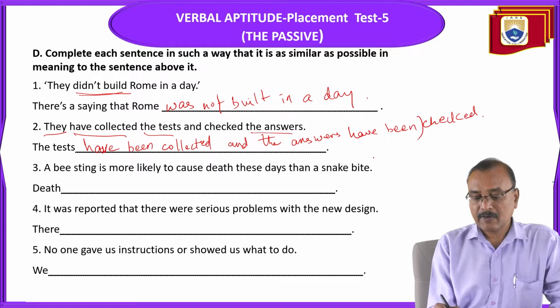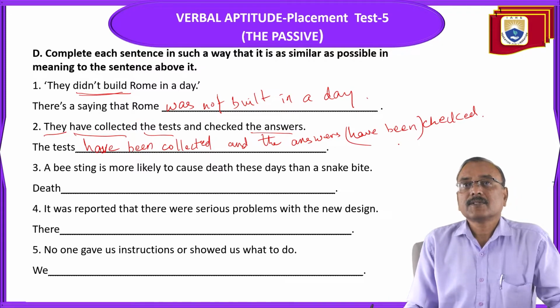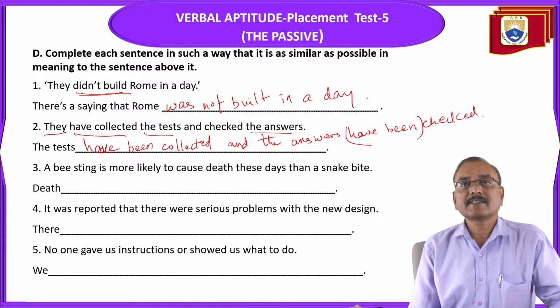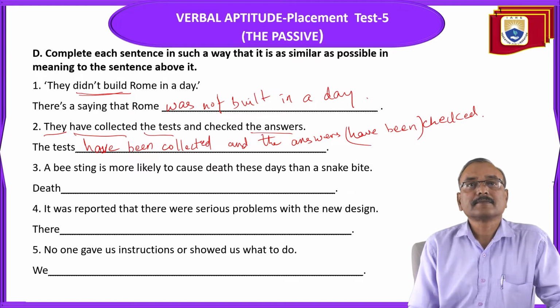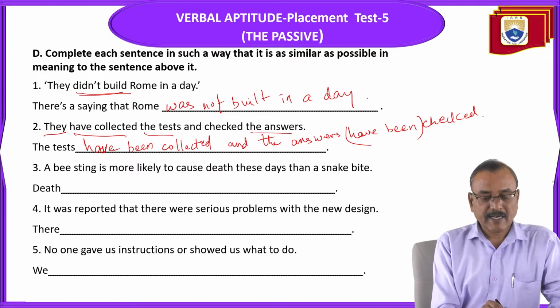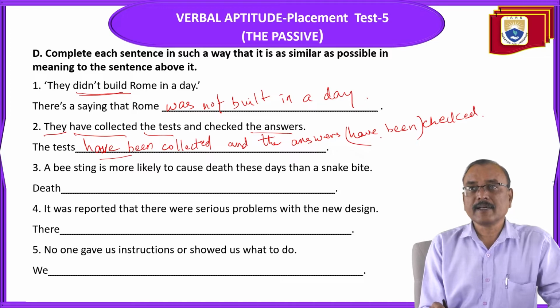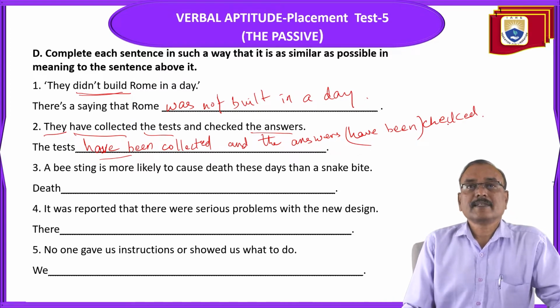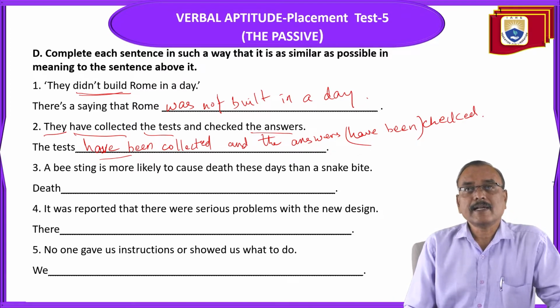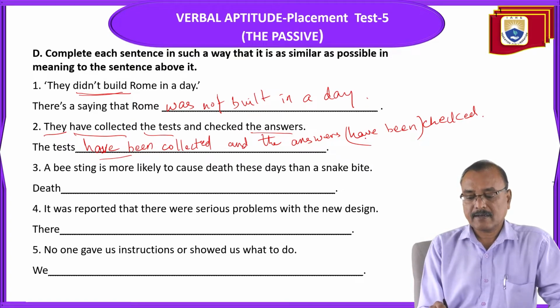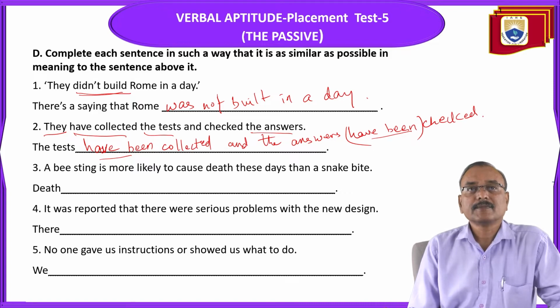So have been is implied here. So you can simply say the answers checked. That's it. Because have been is already there here. So here no need of writing again. The tests have been collected and the answers checked. So this have been, okay, is implied here. No need to repeat it.